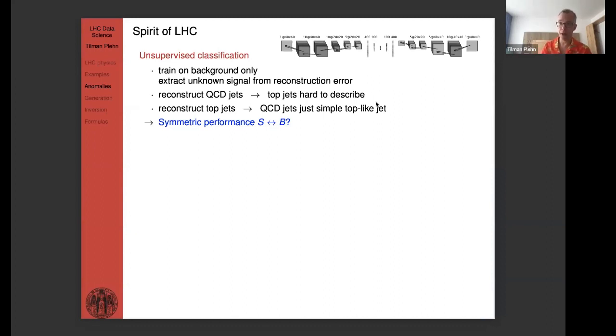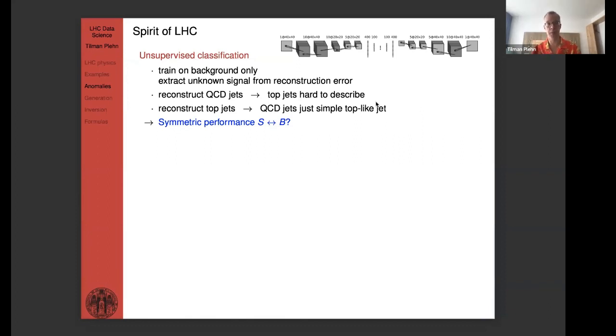If you compress it in the middle, you force that so-called bottleneck layer to encode the structures that really make your QCD jets a QCD jet. And then if you feed another jet, like a top jet, through that, it doesn't fit into this representation, and that gives you a bad reconstruction error. So what comes out is very different from what you put in. And that is one of the measures you use to identify anomalous stuff.